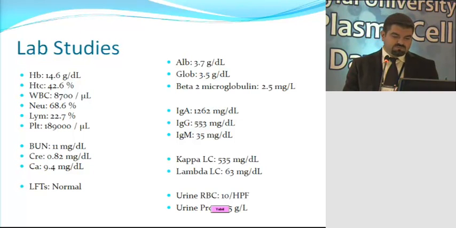No hypercalcemia. Albumin was 3.7. Globulin was 3.5. Beta-2 microglobulin was 2.5. IgA was 1263, IgG was 553, IgM was 35, kappa light chain was 535, and lambda light chain was 63. The urine sample showed 10 RBCs per high-power field and 0.5 grams per liter proteinuria.